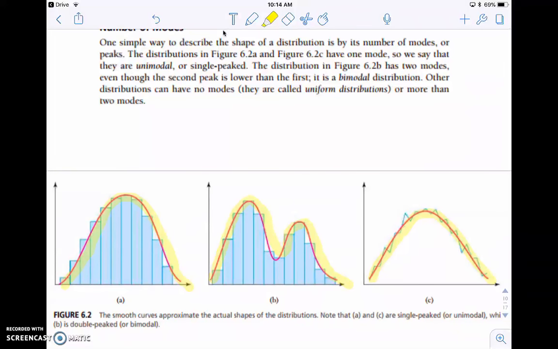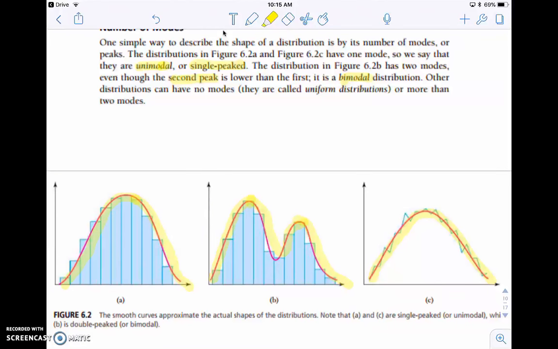So when we look at these, when there's 1 peak, they're called single peak or unimodal. And then if there are 2 modes, in this case, in example B, the second peak is lower than the first, but it's still a peak. We call that bimodal because there are 2 peaks. And then there's some distributions that don't have a mode, and those are called uniform distributions.